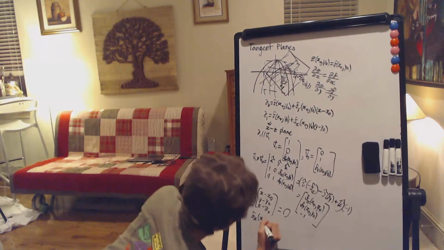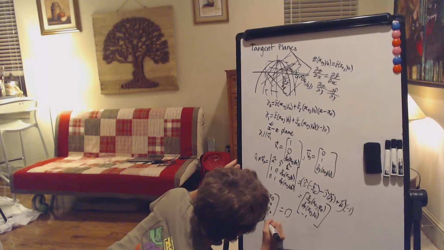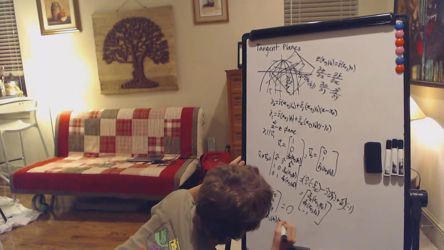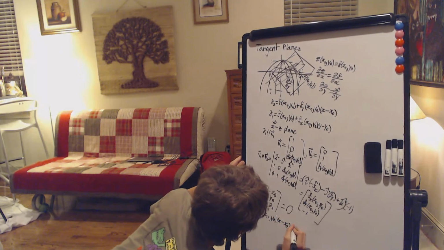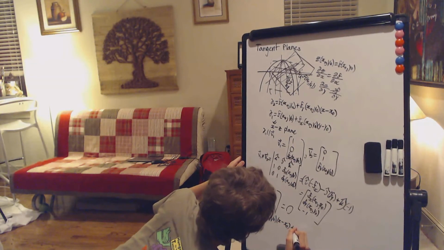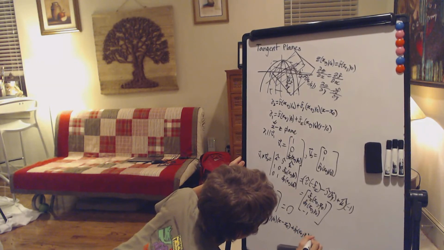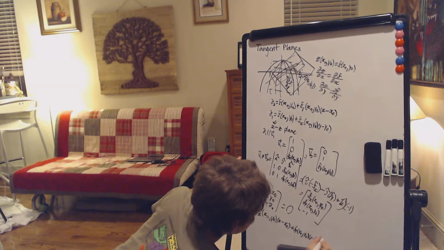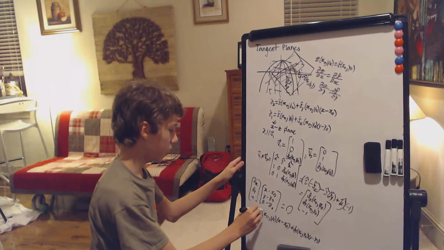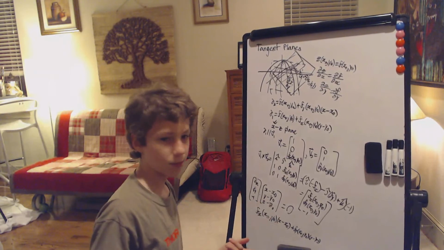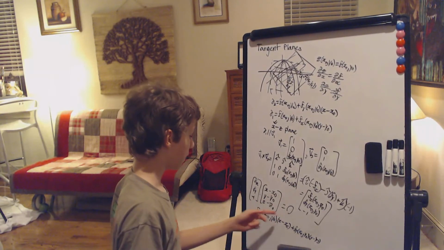So partial derivative with respect to x at x naught, y naught of x minus x naught, plus partial derivative with respect to y at x naught, y naught times y minus y naught. And then here, we'll get a negative z, but we can add that to the other side to get z.